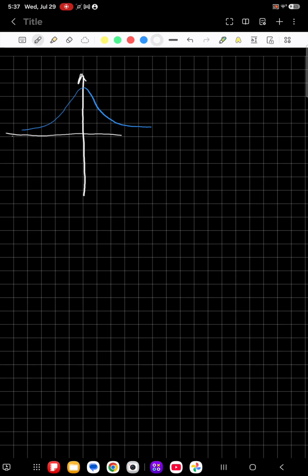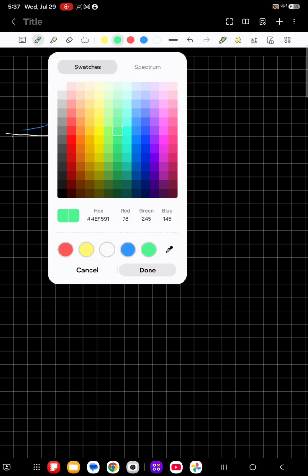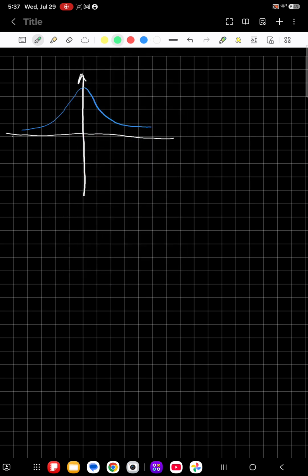So here's the x-axis. The points where the graph changes from concave up to concave down are going to be somewhere here, and the same thing here. So this is the negative one, and this is the positive one here.